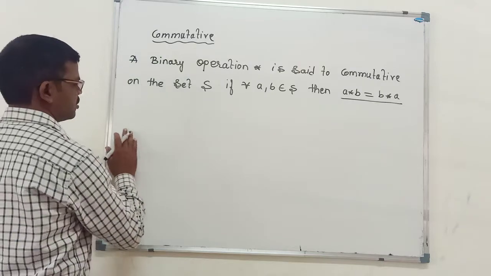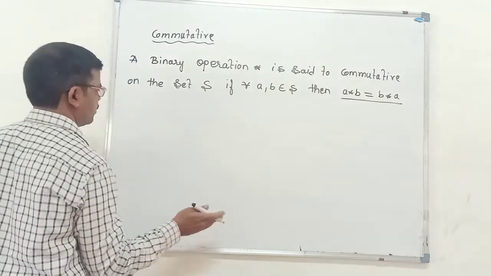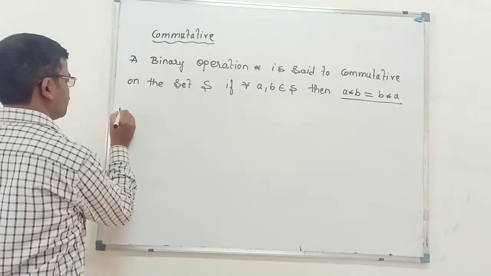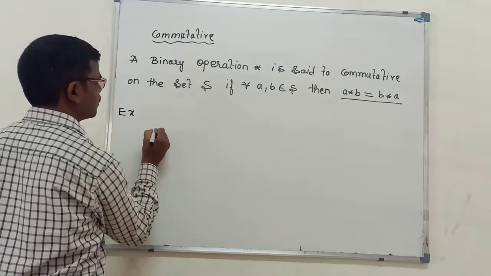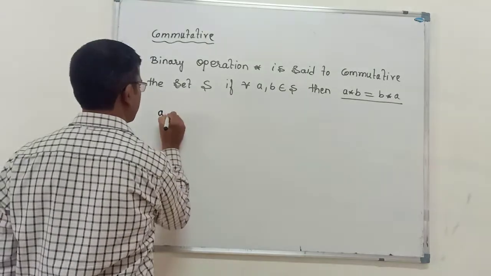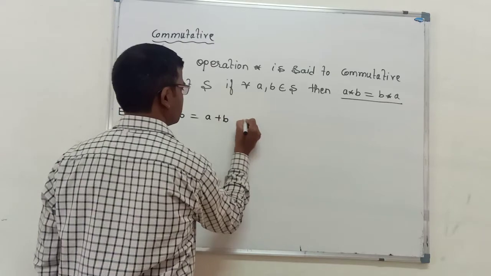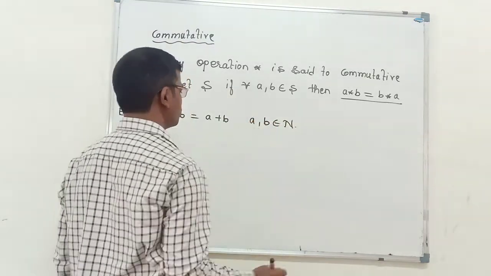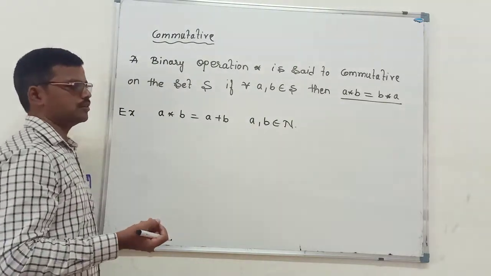So whether addition is commutative or not, we check on the set of natural numbers. Example number 1. The binary operation defined by star, that is a star b is equal to a plus b, where a, b belong to the natural numbers.